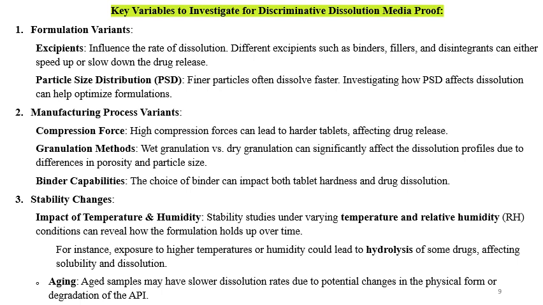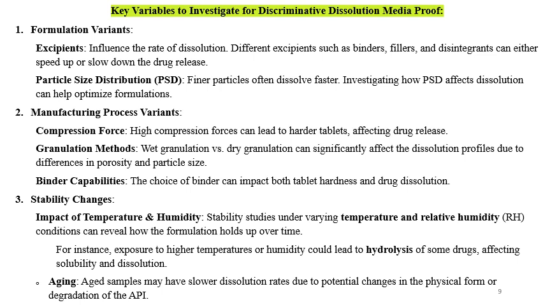Manufacturing process variants like critical process parameters, compression force, granulation method, binder quantities, and then stability changes. Impact of the temperature and humidity, impact of the storage time, that is required to be evaluated, and based on that you can justify the discriminatory power.